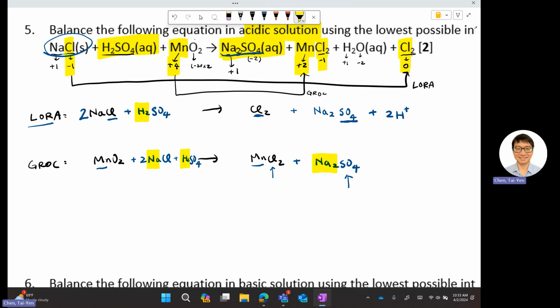Okay, so here you can see you have oxygen here, you have H here. So these are the things that you want to start to balance now.